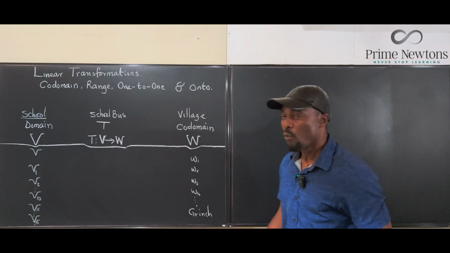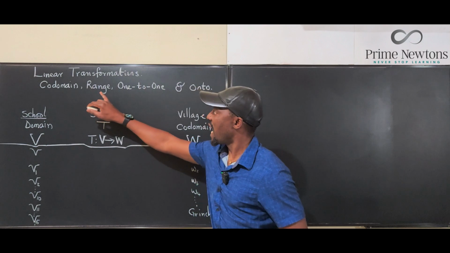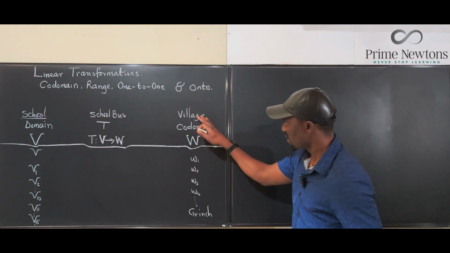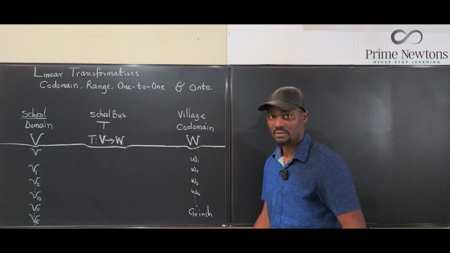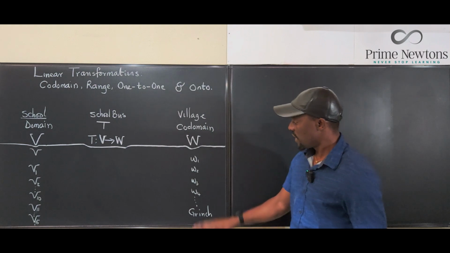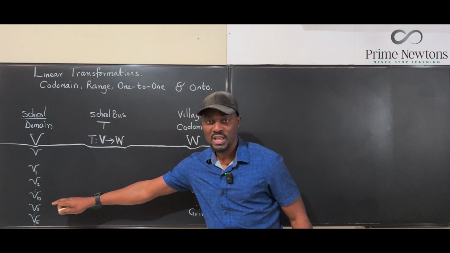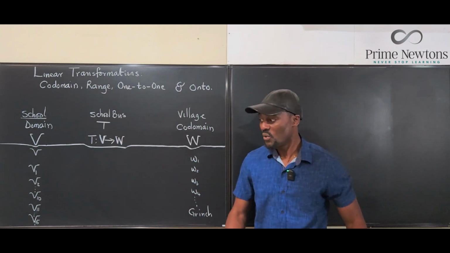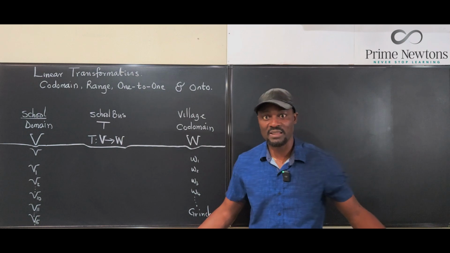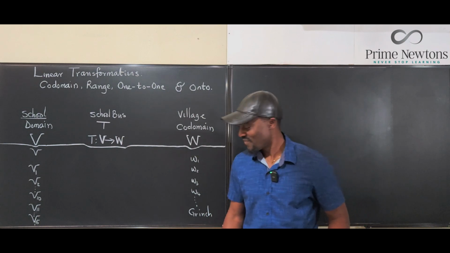Now, what is the difference between the range and the codomain? Because the range is part of the codomain, but it is not the codomain. Now, look at this village. These are all women who have kids in this school. At the end of the day, every day, they wait at the bus stop and wait for their kids to come, okay?